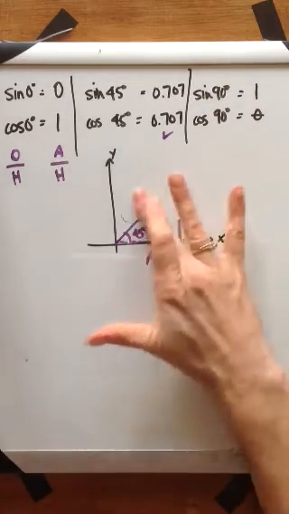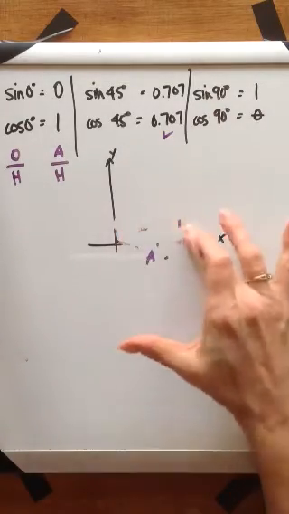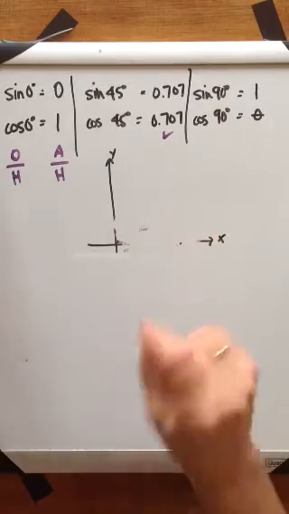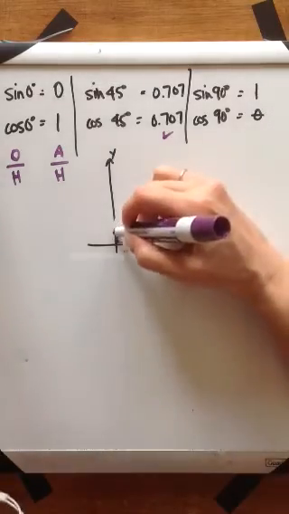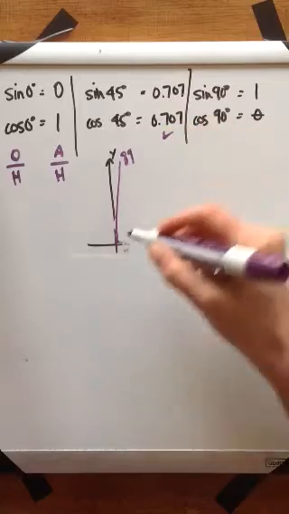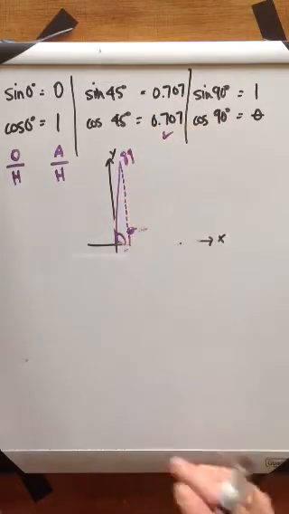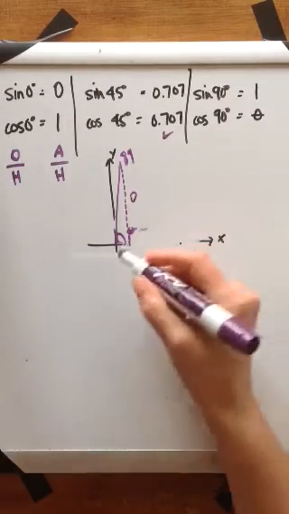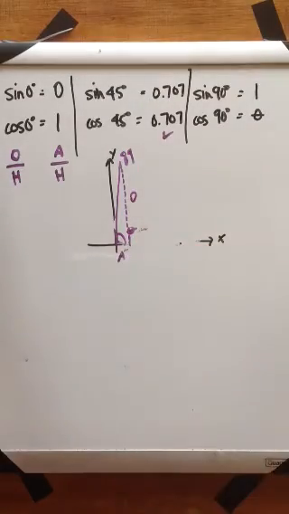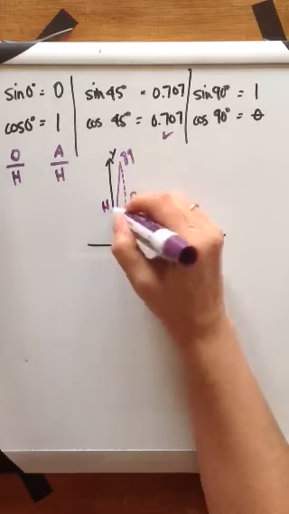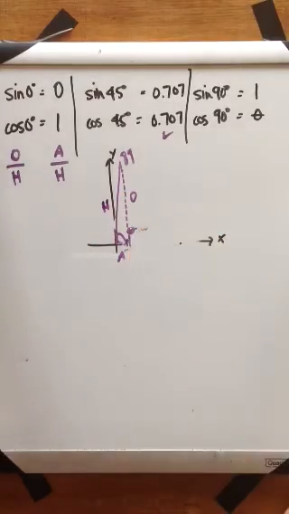If we take a look at the 90-degree example, and maybe what I'll do is I'll take it to 89 just to give you a rough idea. Here's theta. We've got a really super, super tall opposite and a teeny, teeny, tiny little adjacent, and the hypotenuse would be here as well because it's opposite the 90-degree angle.